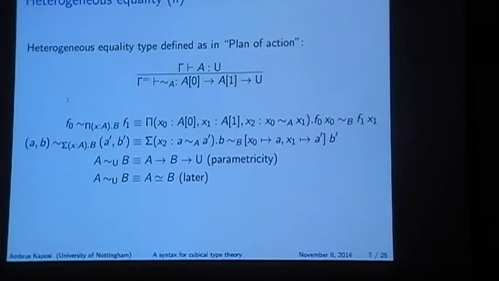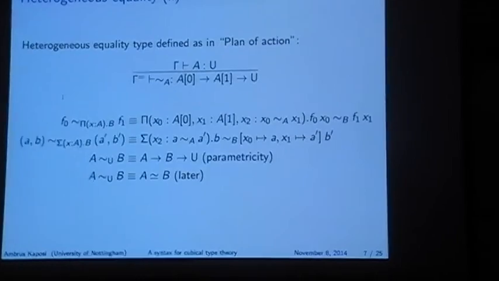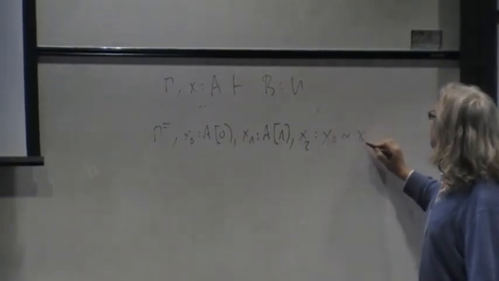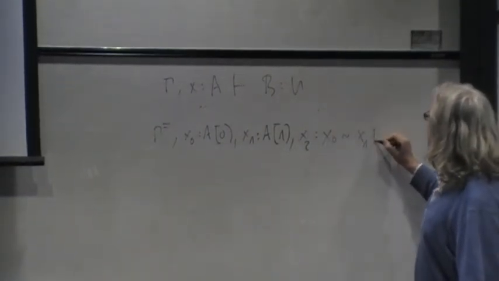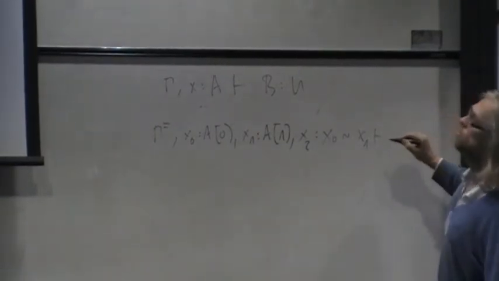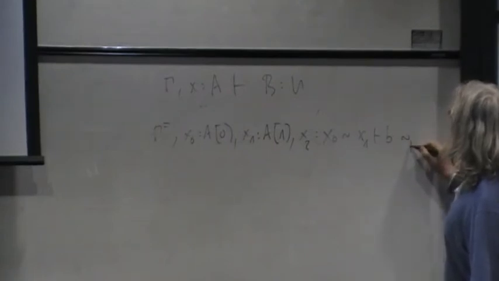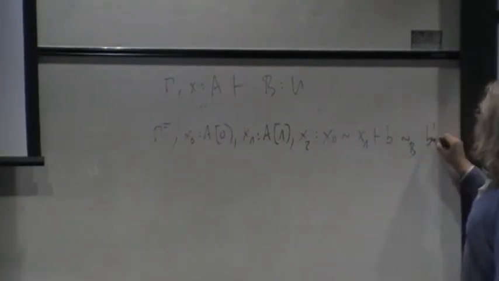So now in gamma equal x0 in A0, x1 in A1, x2 in x0 equal to x1, I have this, what is it, B equal in B to B prime.